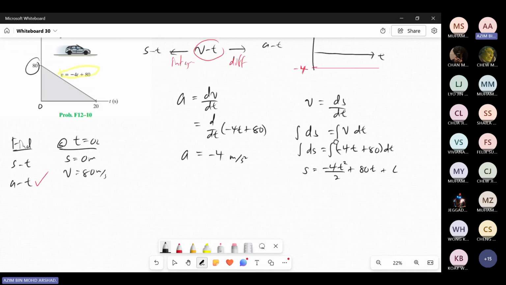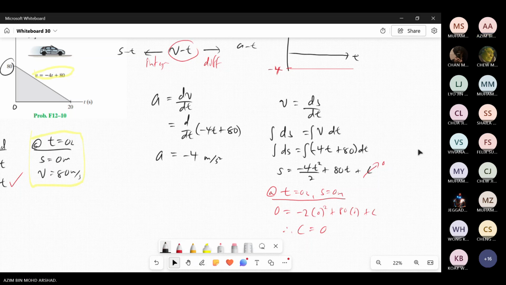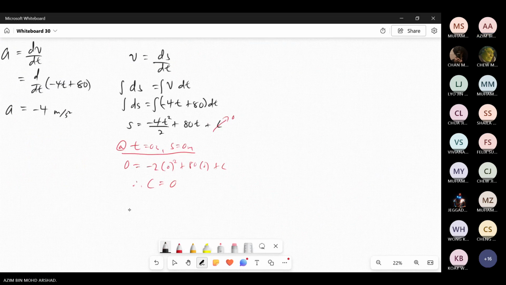We need to evaluate the initial condition to find c, and the initial condition is given here. At t equals 0 seconds, s equals 0 meters, so 0 equals negative 2 times 0 squared plus 80 times 0 plus c. So c equals 0. Substituting that, we get s equals negative 2t squared plus 80t. So this is what we need to plot.